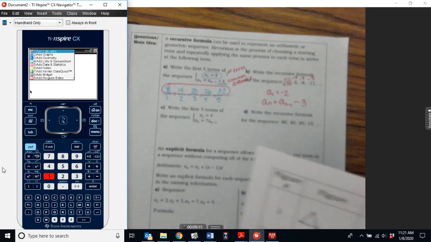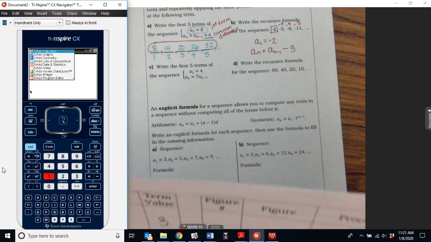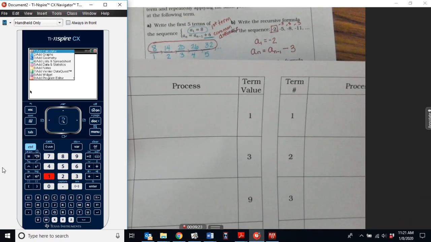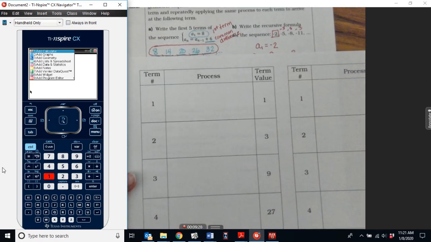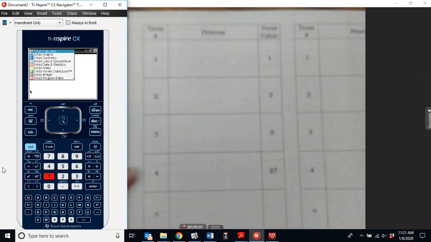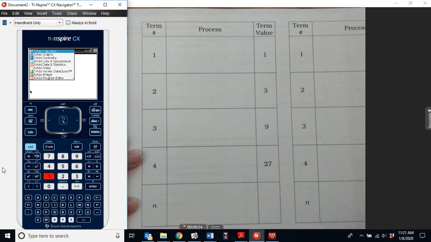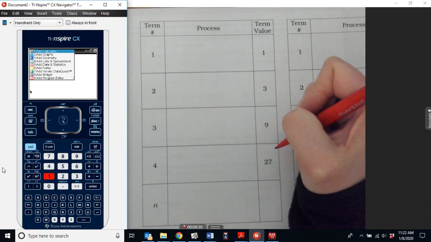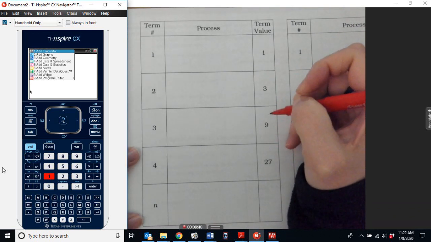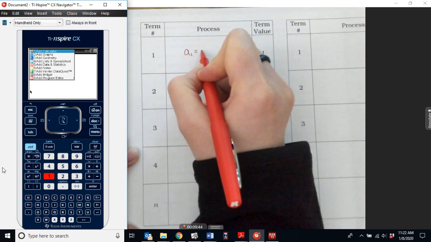Okay, let's look at a geometric sequence. So if you turn this paper over, you have some other patterns here. So this first pattern, I can see that I'm multiplying by 3. So the process again is that a of 1 equals 1.